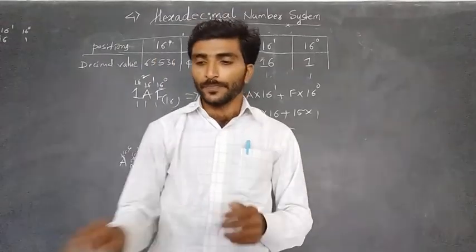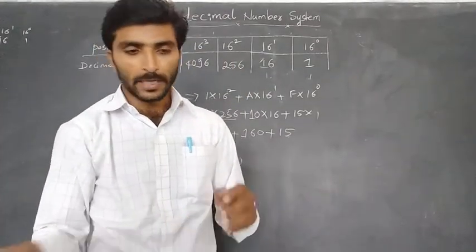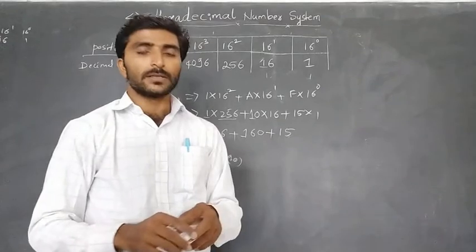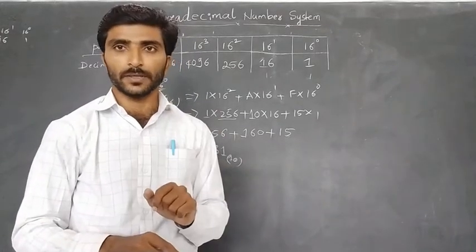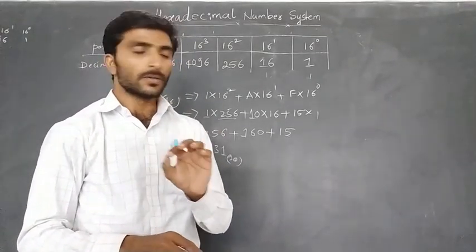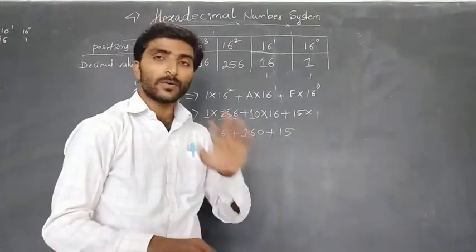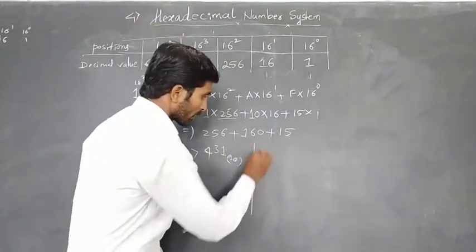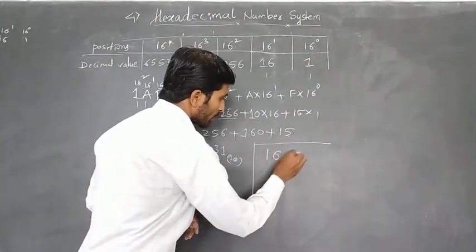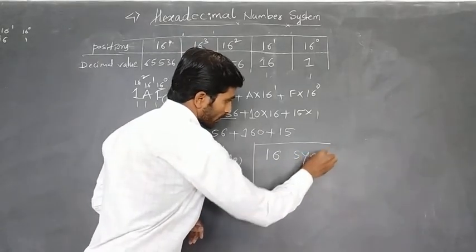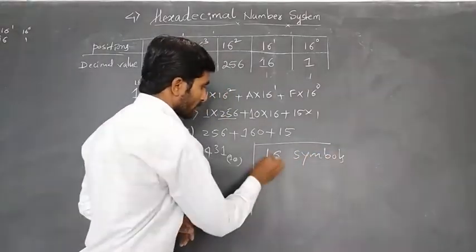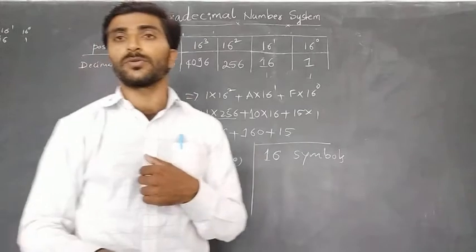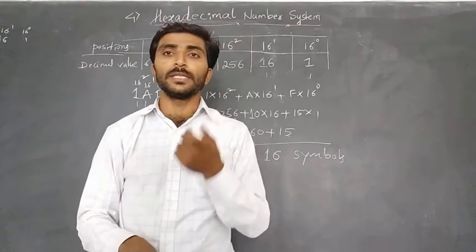In the hexadecimal number system we have only 16 symbols. Now I want to convert each digit.